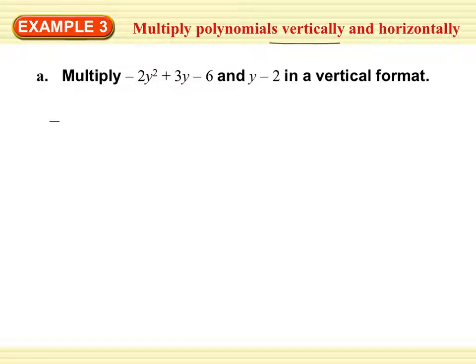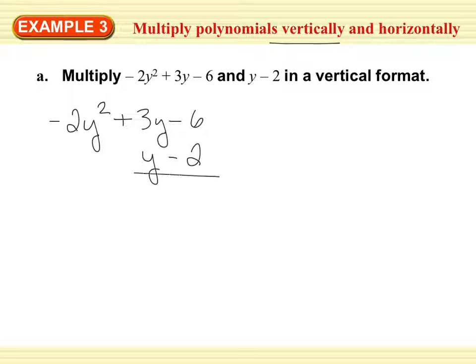So I'll line these things up. You actually don't have to line them up in any specific order. And just like when we multiplied, I don't know, many digit numbers by, let's say, 24.